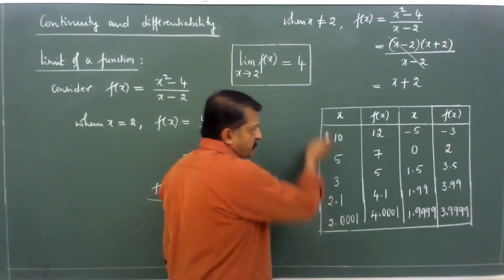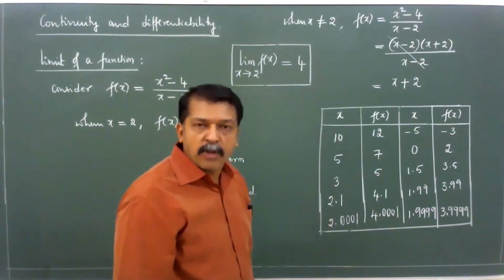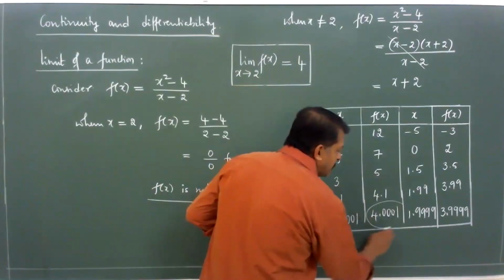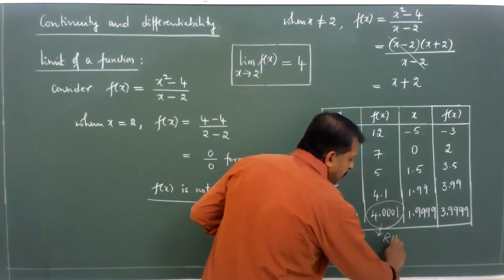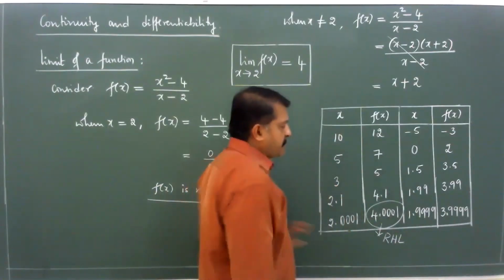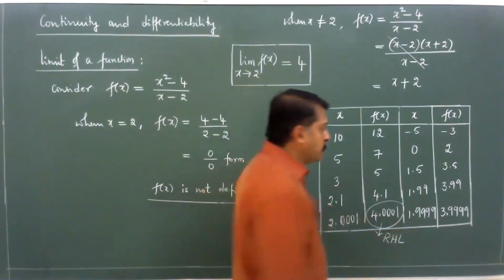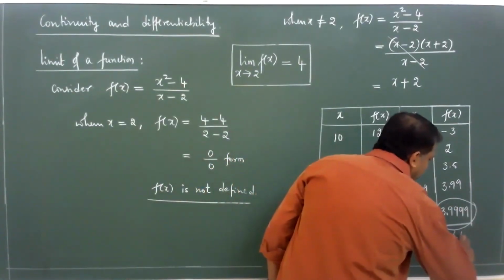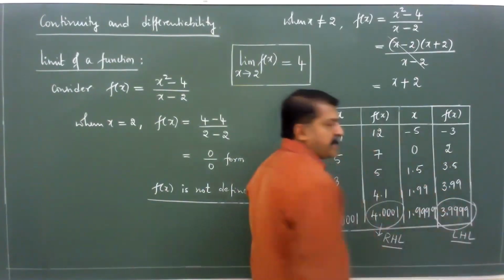In the first case, that is when you give values of x which are more than 2, the limiting value obtained, we refer to it as right hand limit. In the second case, when you give values of x which are lesser than 2, the limiting value obtained is your left hand limit. Left hand limit, right hand limit.